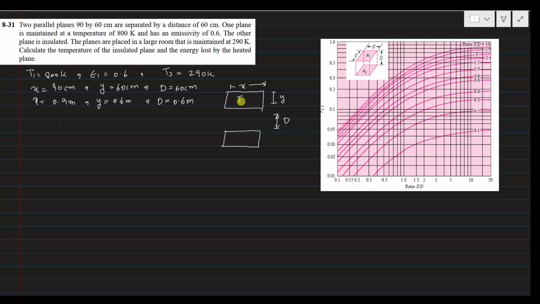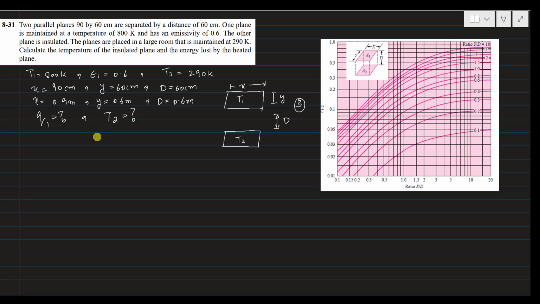It is at a higher temperature T1. This is the second plane, at a temperature T2, and it is enclosed in a large room at a temperature of T3, which is given. We need to find the heat transfer by this heated plate, Q1, and the temperature of the insulated plane.